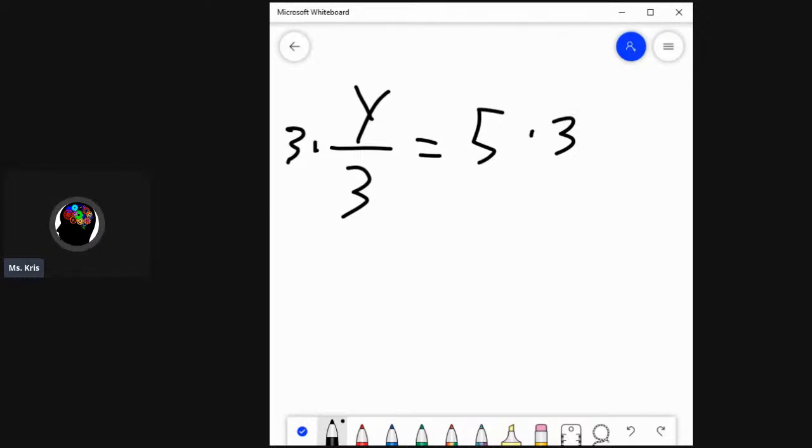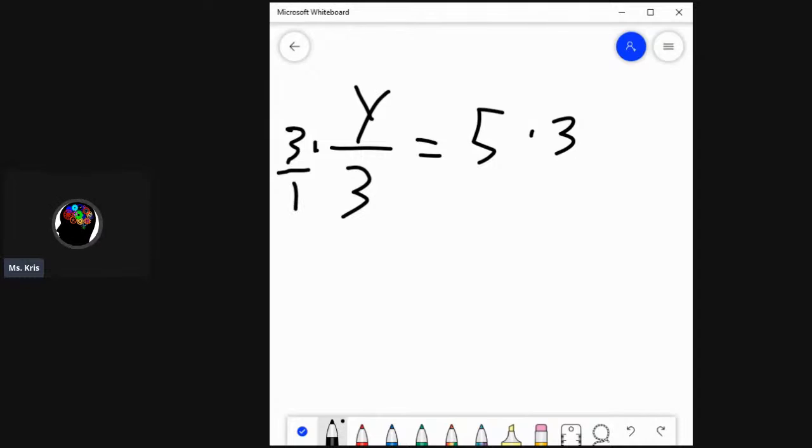Once you multiply by 3 on both sides of the equal sign, this will allow you to cross out your threes. Now, how are you able to cross out your threes? Well, if you remember when we had multiplication of fractions, a whole number is always over 1.